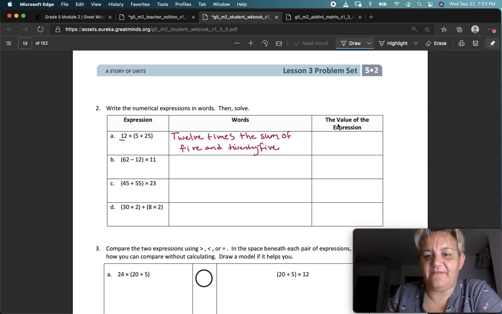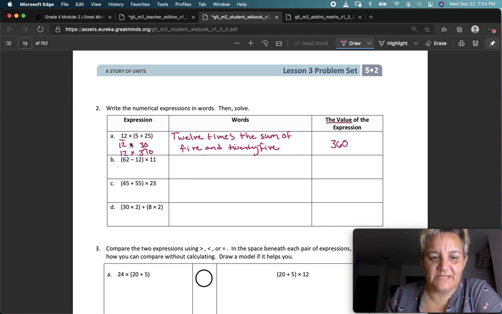And the value of the expression means the answer, the value. So let's go ahead and solve. 5 plus 25 is 30. And 30 times 12 is what? Well, we can simplify this, and we can call this 3 times 10. Then we can just say 12 times 3 times 10, which would be 36 times 10, which would be 360.